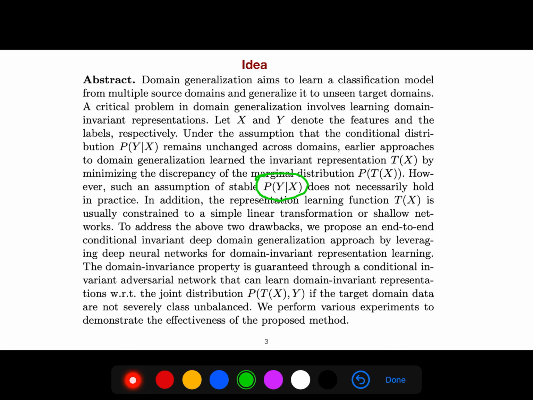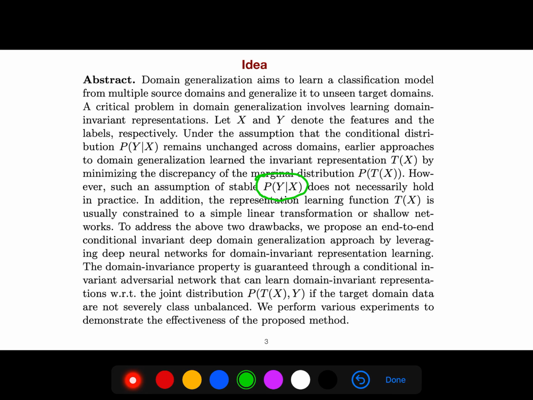In addition, the representation learning function T is usually constrained to a simple linear transformation or shallow networks. To address the above two drawbacks, we propose an end-to-end conditional invariant deep domain generalization by leveraging deep neural networks for domain invariant representation learning.